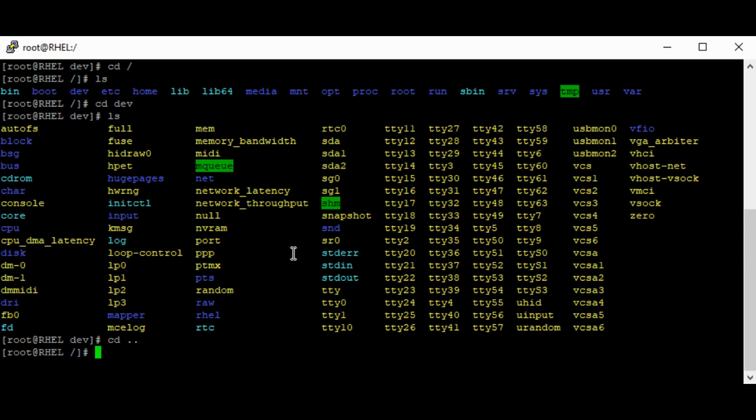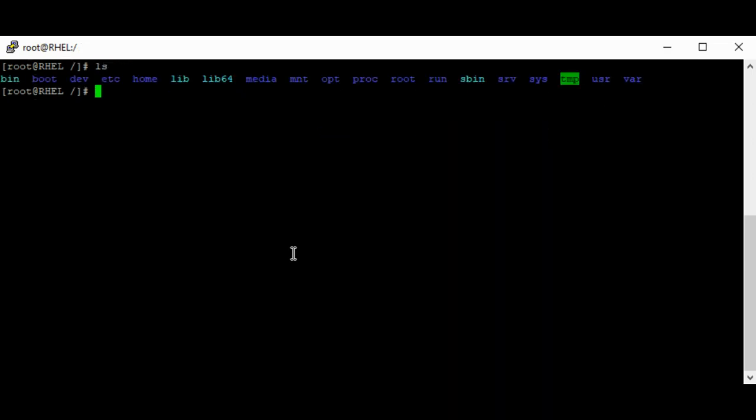So let's look at the next directory in line. So that's the etc directory. The etc directory contains the system related data and configuration files that are required by programs.